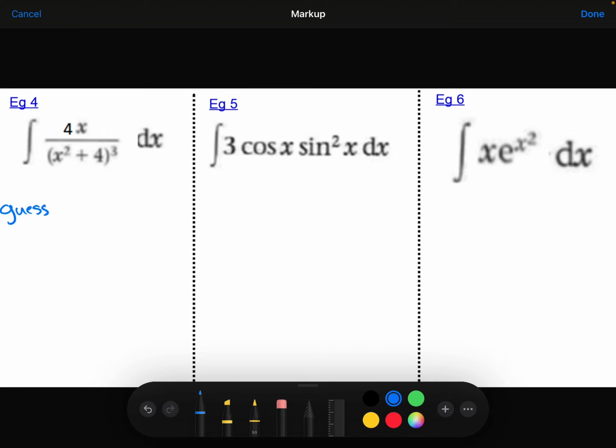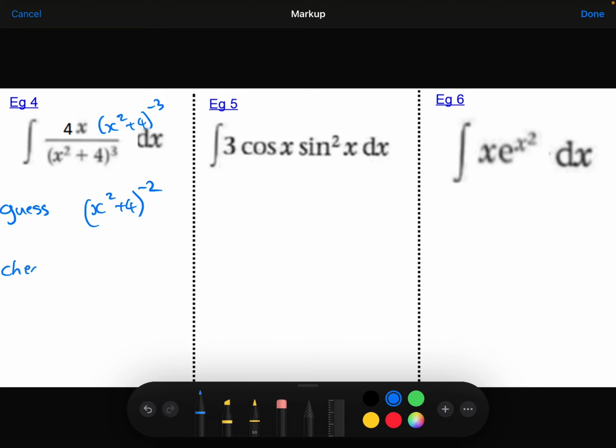Well, looking at the denominator there, we've got a power 3 on the denominator. Now, the way we usually integrate those is we put it to the top with a negative power. So I'm going to guess that adding 1 to the power would be like that. Right, let's check.